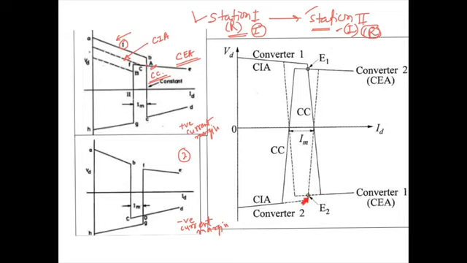So E2 is the operating point when converter 1 and converter 2, or station 1 and station 2, interchange their roles, while E1 is an operating point when station 1 is a rectifier and station 2 is acting as an inverter.